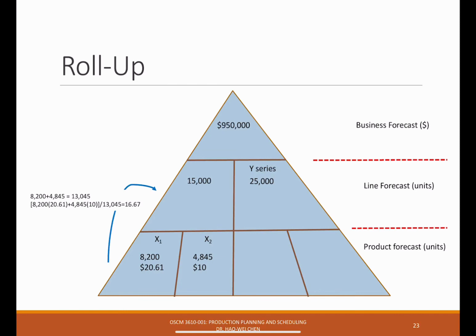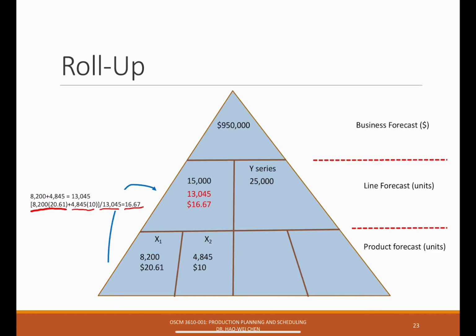So we use 8,200 multiplied by the unit price, 20.61, plus 4,845 units times 10, divided by the total number of units, and the new unit price will be 16.67. So this is what you need to write down. For the X series, my updated number of units will be 13,045 units, and the unit price will be 16.67.